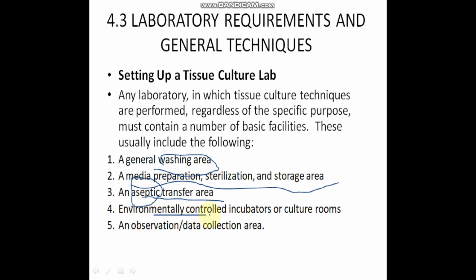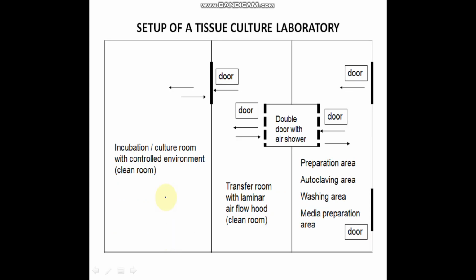Next are environmentally controlled incubators or culture rooms. Once you're done with your activities, you need to keep all of your plants in the incubators, and also an observation or data collection area. So imagine that this is a tissue culture lab. This is the front, the outside. You come in, and there's another room, another door.